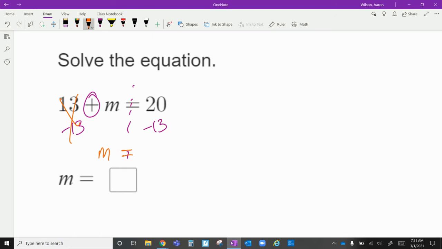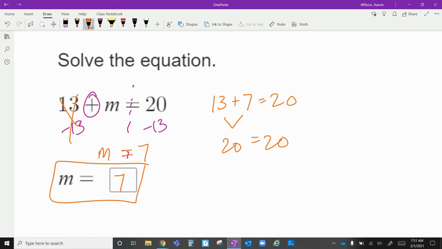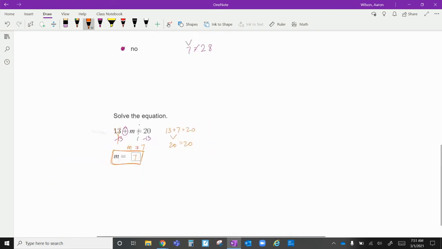What is 20 minus 13? That's 7. Is that the solution? We can check it. We plug in what we are claiming the variable represents: 7. Is 13 plus 7 equal to 20? Yes, it is. So m equals 7 is our solution.